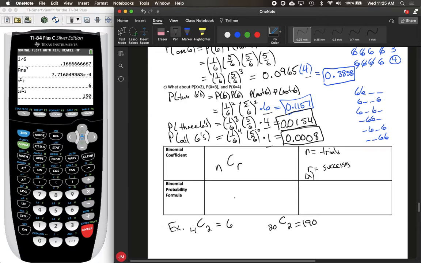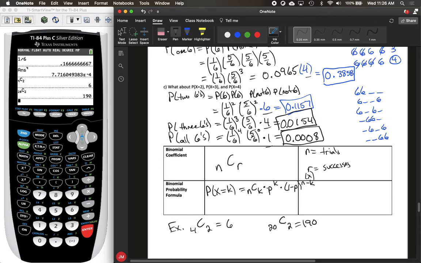Now, the rest of the formula, let's talk about that. The probability that x is equal to some number of successes, which I'm just going to call k, is to do this. We're going to take n choose k, so that would be the number of ways that we could arrange that many successes, multiplied by the probability of success to the power of k, multiplied by the probability of failure, so 1 minus the probability of success, to the power of n minus k.